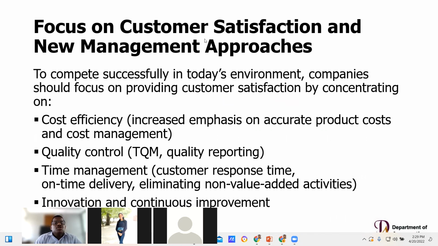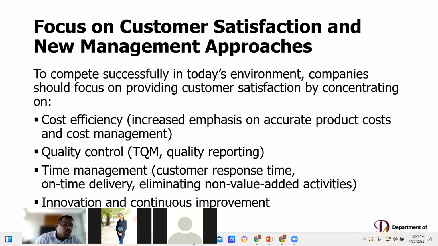Focus on customer satisfaction and new management approaches. Now people are talking about focusing on cost. That's why some people are telling that public sector organizations are inefficient, because when you go to the public sector, they are not much customer oriented. But when you go to a private sector organization, maybe a private hospital, I think their appearance, the way they talk, when you go to an international school and a local school, you see totally different.